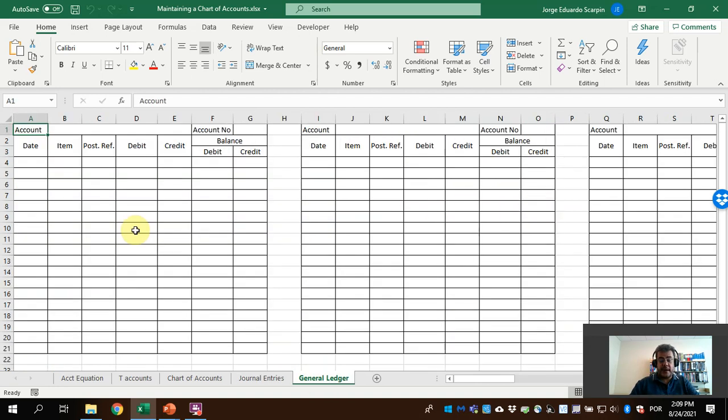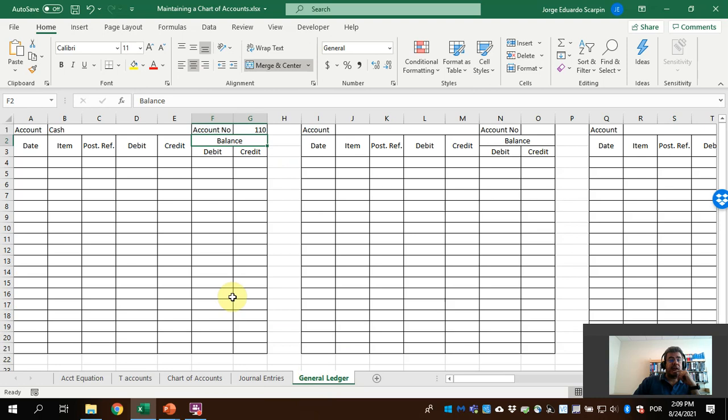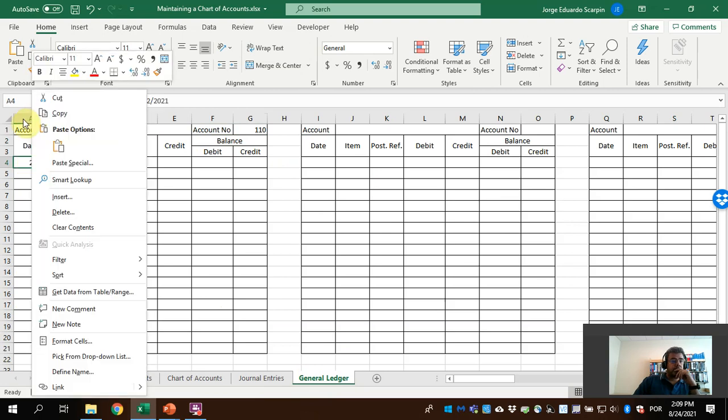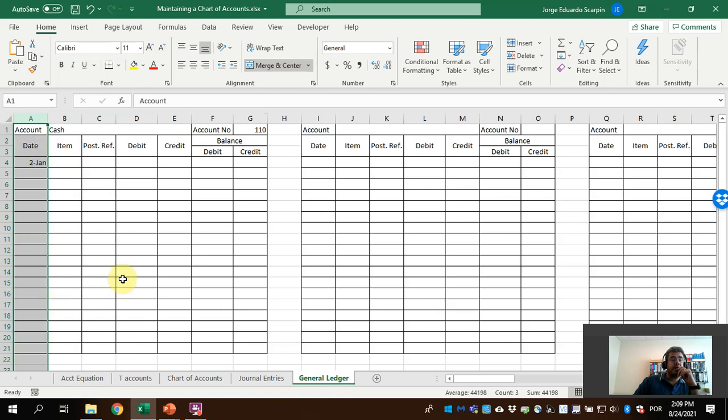So here, account, cash, account number 110. So what do we have here? Date, January 2nd. This format here is no good.